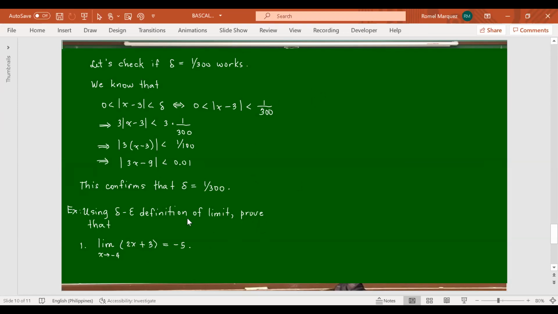Later when we go to algebraic techniques of finding limits, since this is a polynomial, in particular a linear function, you can apply the substitution technique to get negative 5. But to prove it, that's not easy, no? Let's begin.